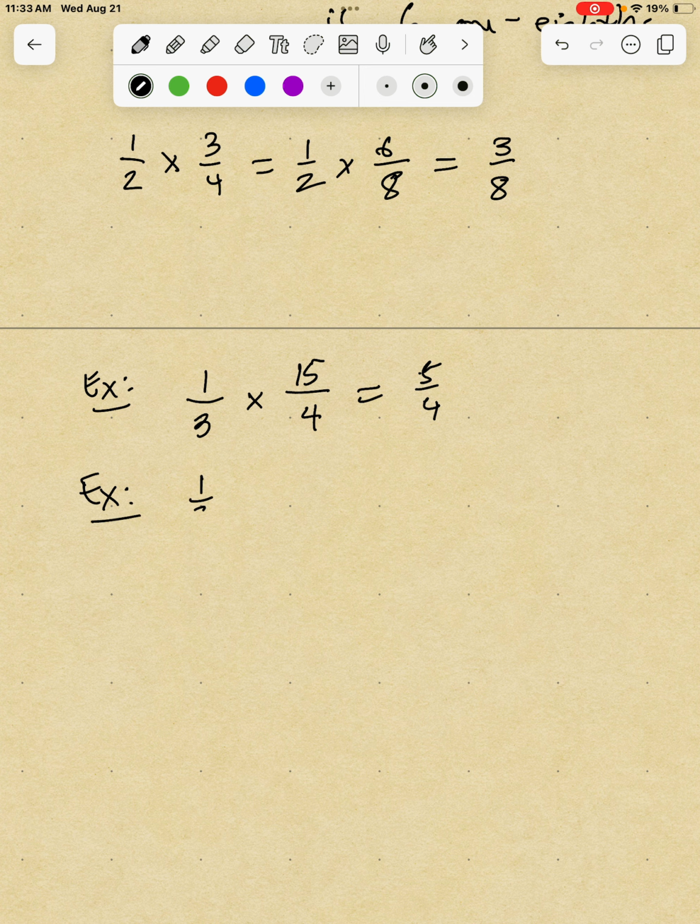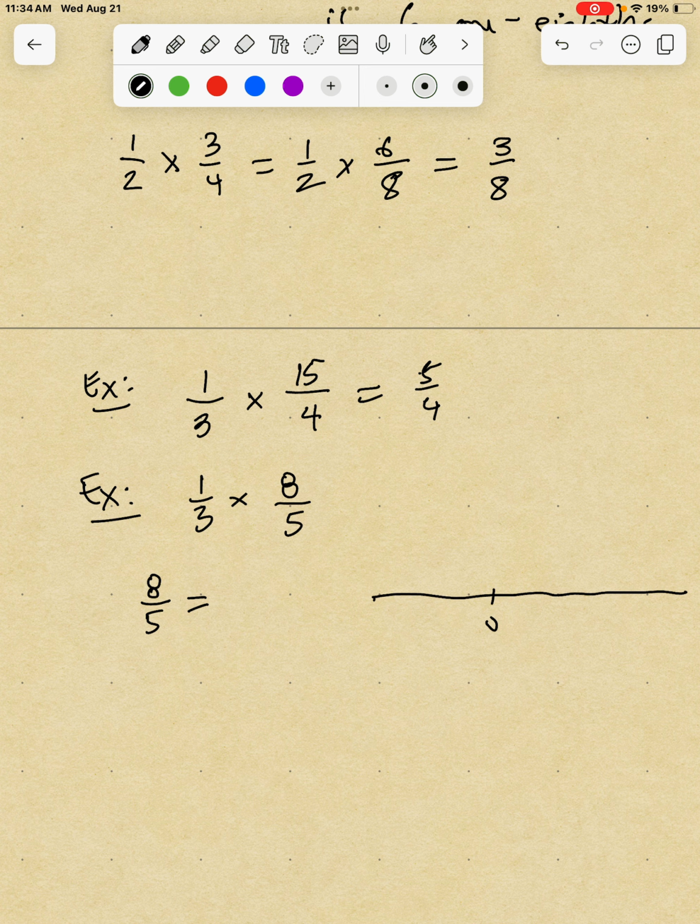How about 1/3 times 8/5? Well, 8 does not divide into 3 pieces evenly, but how can I rewrite 8/5 so that I get a multiple of 3 on the top?